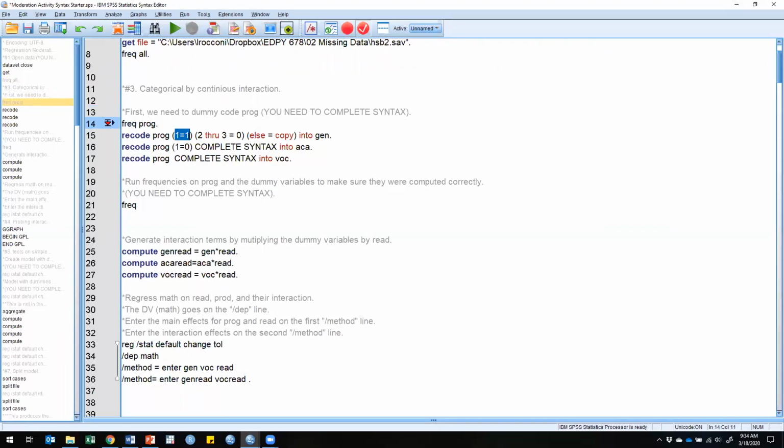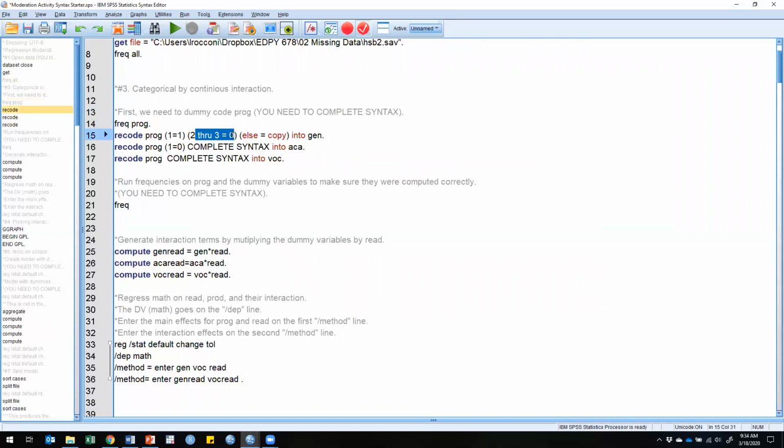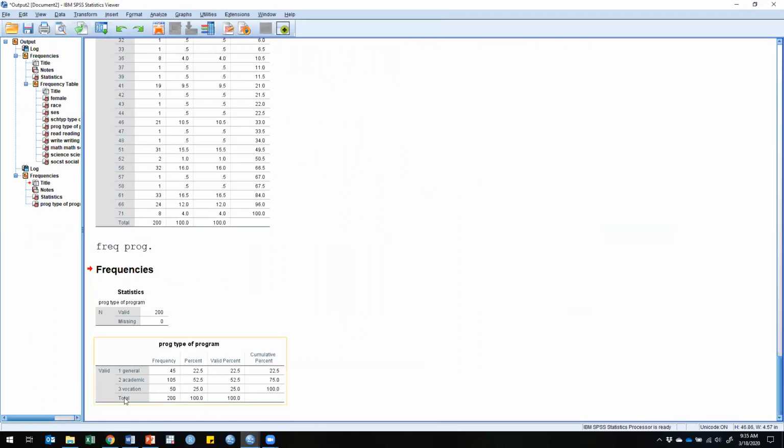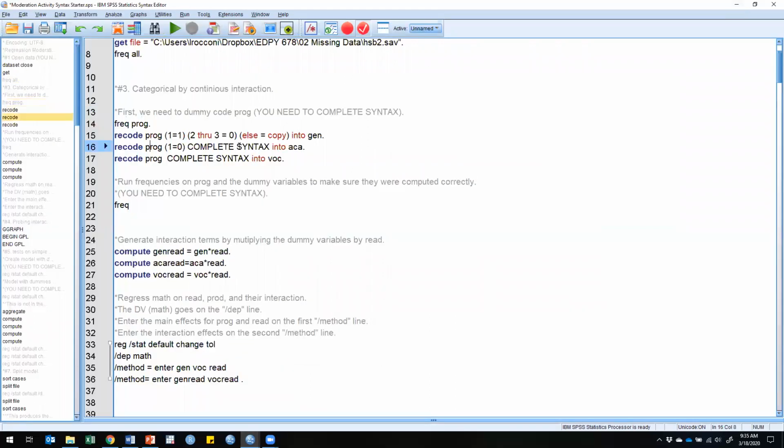So we'll recode 1 into 1, 2 through 3 into 0, copy everything else. This part isn't necessary since we don't have any missing data, but it's good practice just to keep it in there. And we're going to label this variable. This was the general education. So academic was prog equals 2, right? Yep, academic is prog equals 2.